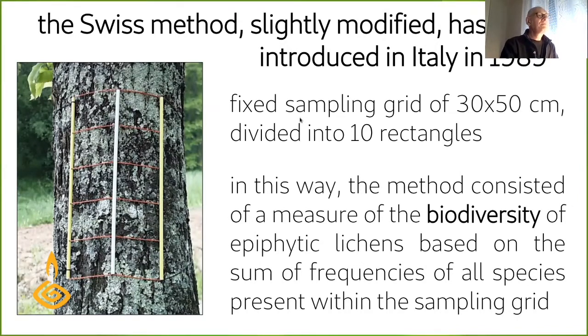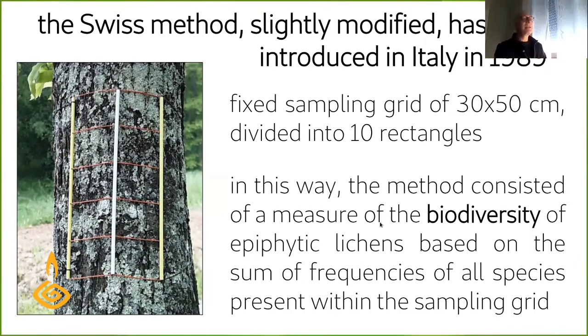So in Italy, after 2 years, there was a slight modification to this method suggested by Professor Nimis to use a grid with a fixed size of 30 by 50 centimeters, divided into 10 rectangles in this way.